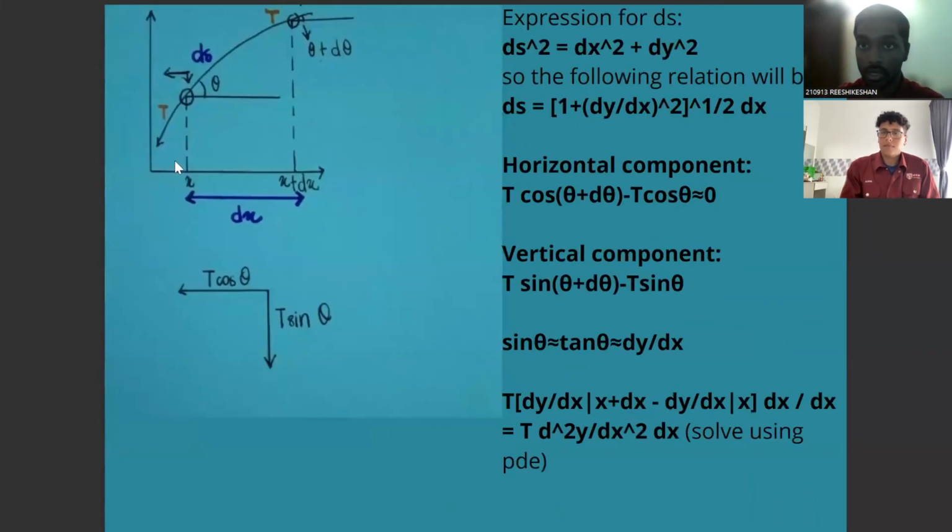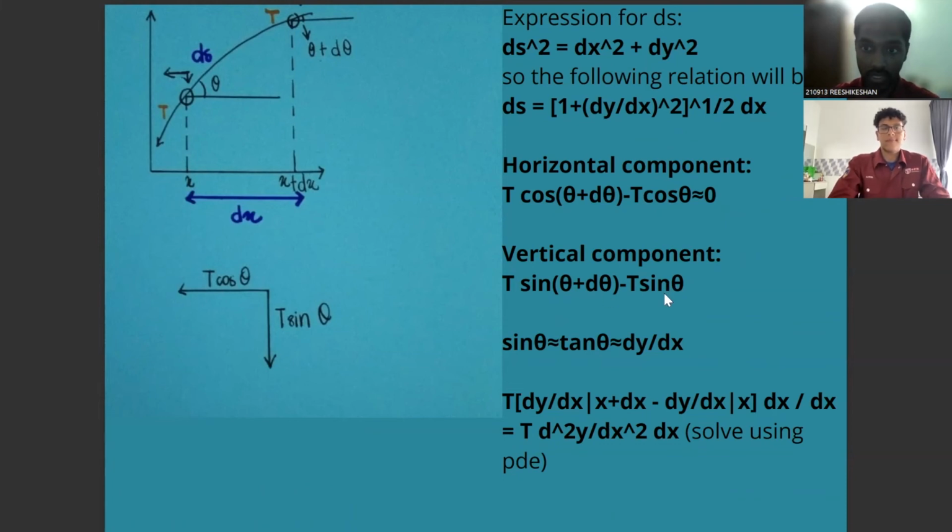So moving on, the expression for ds is ds squared equals dx squared plus dy squared. Once we convert it, we get ds equals 1 plus dy over dx squared, to the power of 1 over 2, dx. As you know, I've drawn here the horizontal and the vertical components. The vertical component I've listed here.